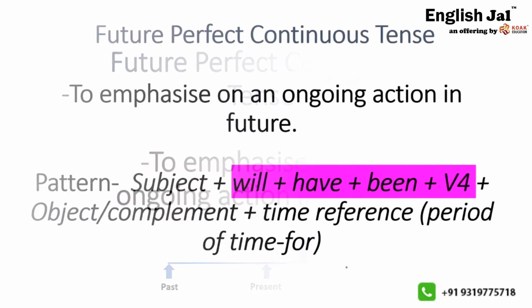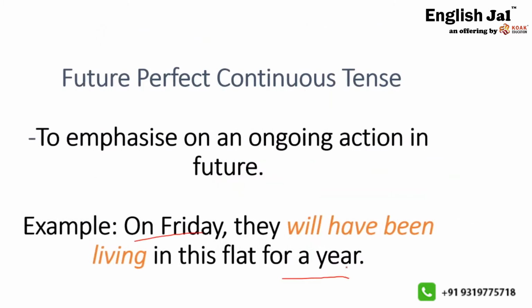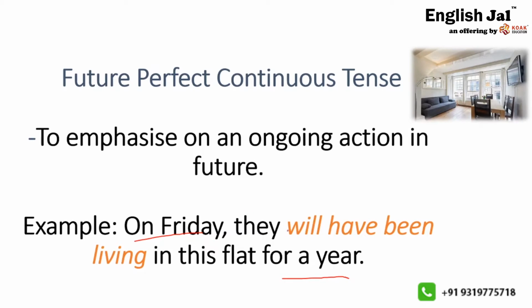So we are talking about future, there is no point. But when I say on Friday, they will have been living in this flat for a year, I'm talking about an action that started and went on in continuation in future. I'm talking about an ongoing action of future, because I'm talking about the coming Friday. So this is the major usage.